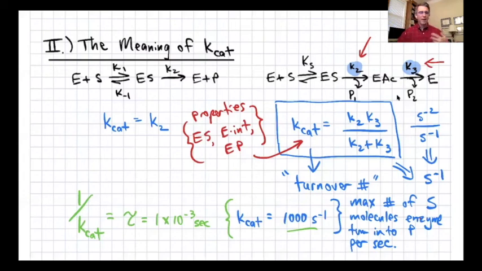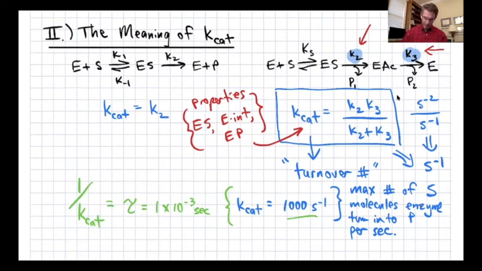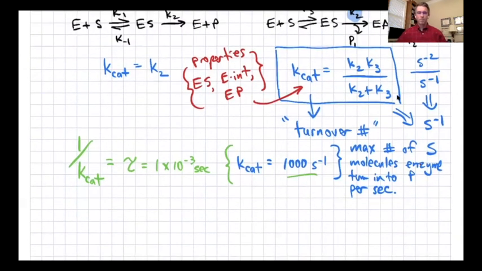So again, if you think about taking the inverse of kcat, and you get this number that is now in units of time instead of inverse time, what does that mean? Well, that tells you the average amount of time it takes to convert one molecule of S into P, right?